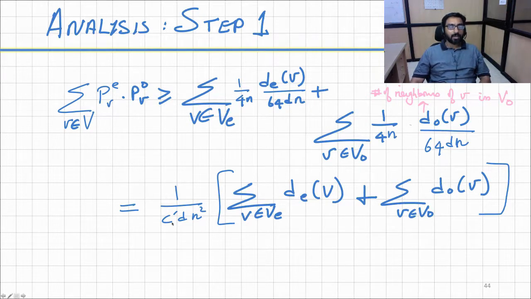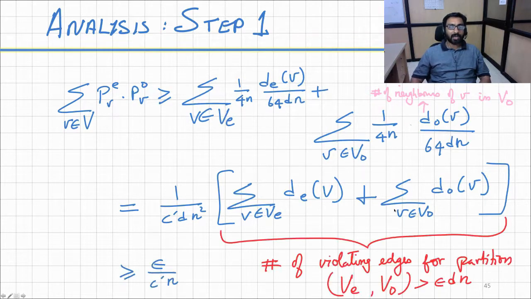So now, pulling out the common terms, we get 1 over some constant C prime D n squared outside, and then we have the summation over vertices in VE, summation over vertices in VO, the neighbors of V in the set VE, and here in the set VO. What exactly is the summation?